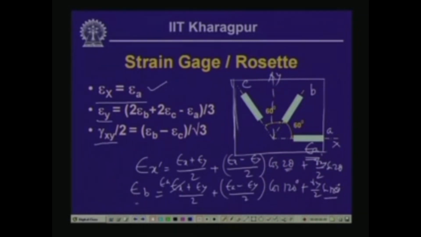Likewise, we evaluate the strain in the C direction, which is epsilon C, which is equal to again epsilon x plus epsilon y by 2 plus epsilon x minus epsilon y by 2. Now, theta here is 120 degrees.